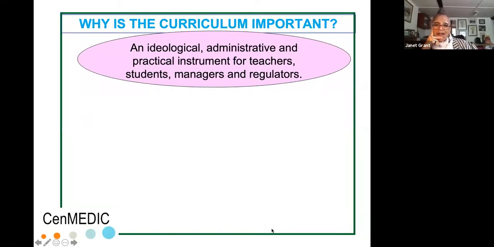This is a summary, really, of why a curriculum is important. It's important because it is a practical instrument. It must be a practical instrument.